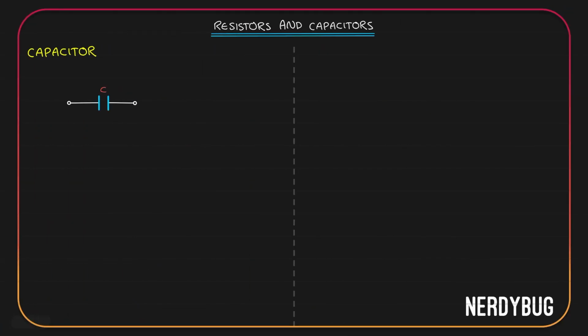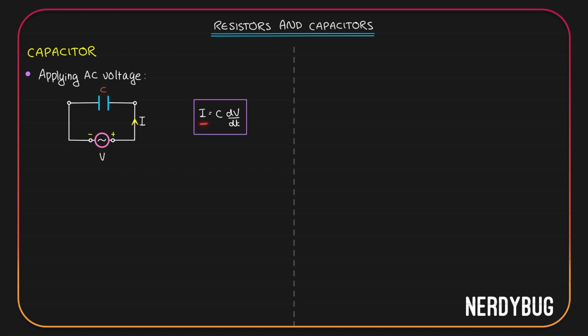Now, let us take the same capacitor with capacitance C and apply AC voltage to it. Here also the applied voltage V, the current I and the capacitance C can be related by the equation I is equal to C dV by dt. Here the applied voltage is alternating. So as an example, let us take V to be V naught sine omega t.